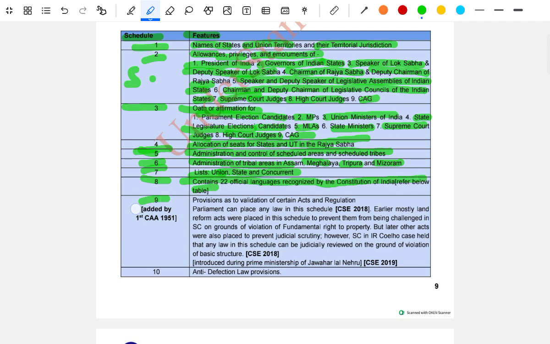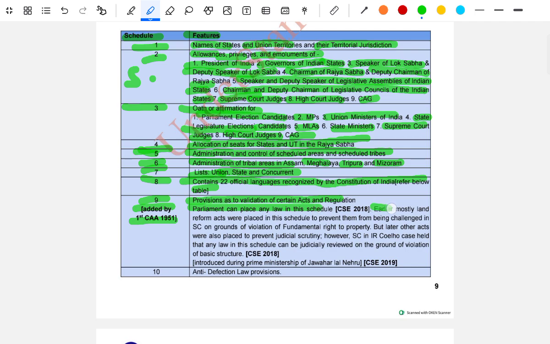Schedule 9, added by the First Constitutional Amendment Act 1951, provisions for the validation of certain acts and regulations. The Parliament can replace any law in this schedule.